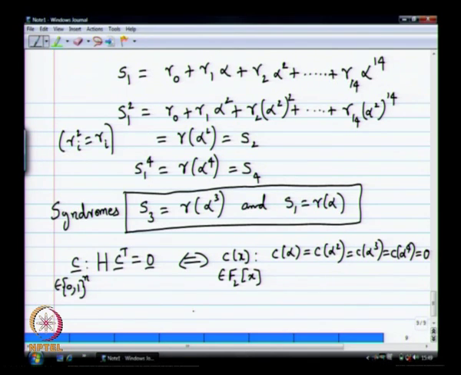Am I right? So all these things are roots of C of x. That is my definition of the entire code. So clearly even here you see these two are redundant.